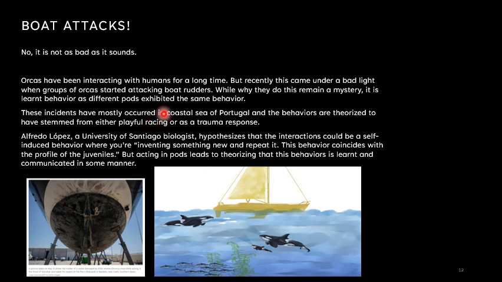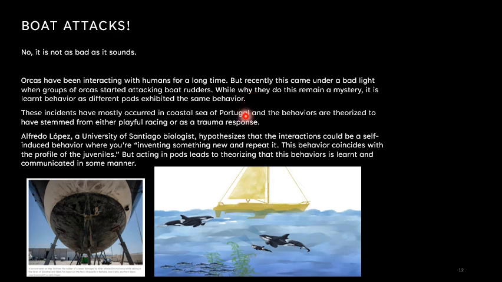Moving on, this is what put orca communication in the spotlight early this year. Scientists and whale watchers noticed that orcas have been attacking boats, and this could be a trauma response because boats are disrupting the ecosystem, or it could be playful behavior.